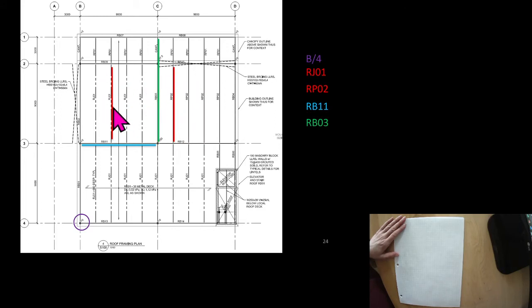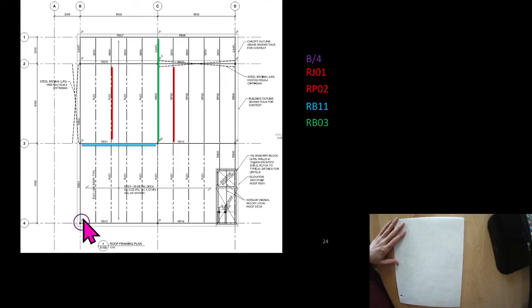So they look like they'd almost even be similar to each other, and they're simply supported. RB03 starts here, continues all the way to here with a column right here. Looks like there's a back span on it here, so it's picking up tributary width from all of this decking, and then possibly has a point load out here from RB07 and RB08 on it.